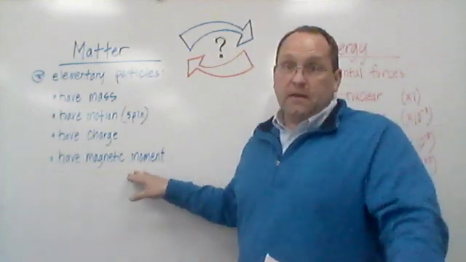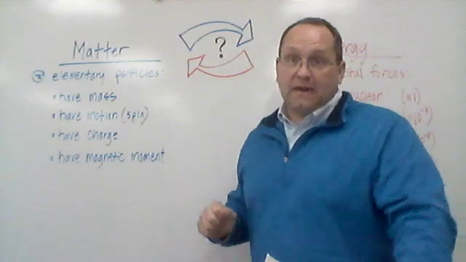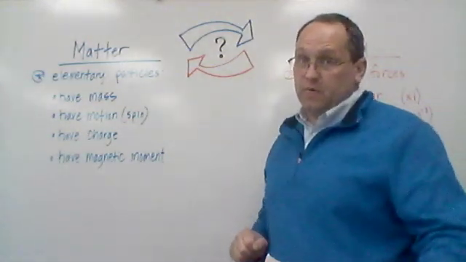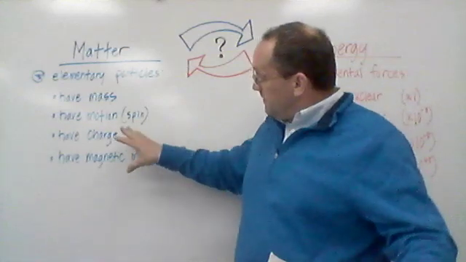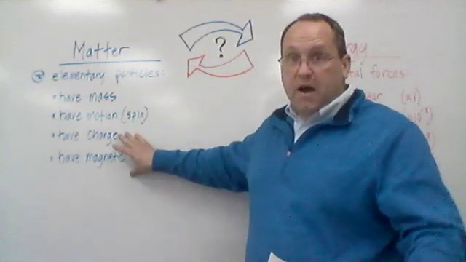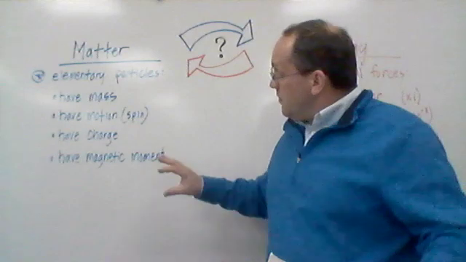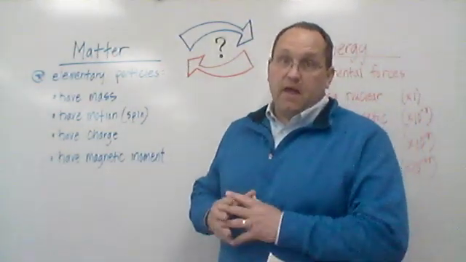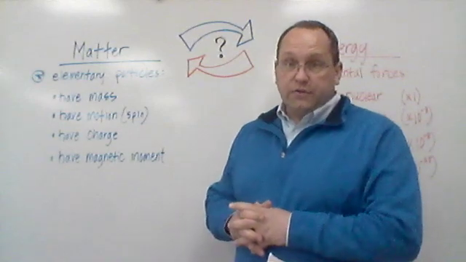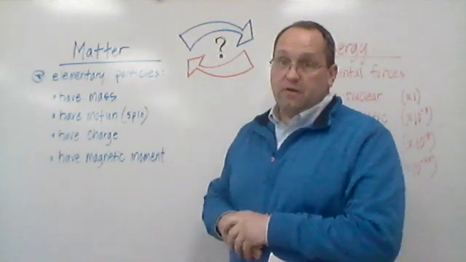And they have a magnetic moment, or a magnetic field, associated with them. Because of this, talking about the bottom two specifically, electricity and magnetism have very much to do with the state of matter itself.